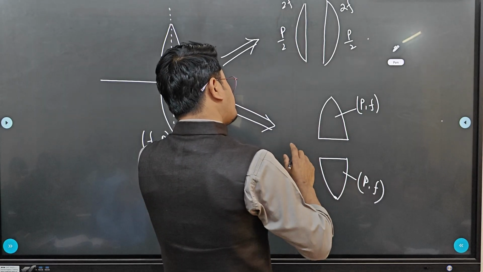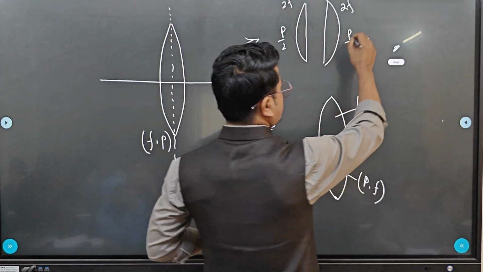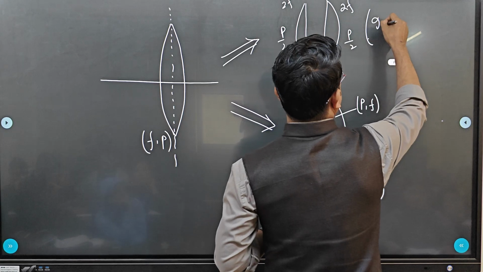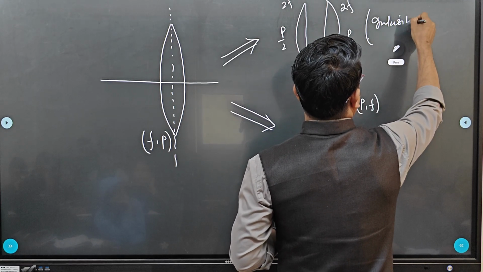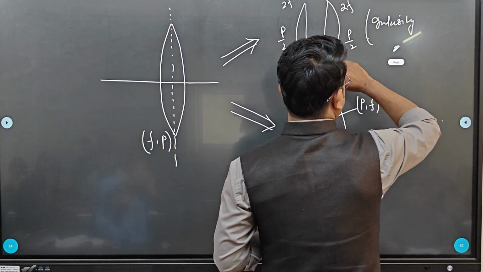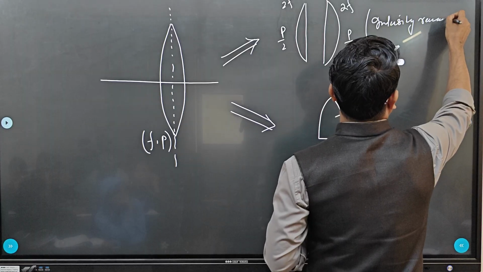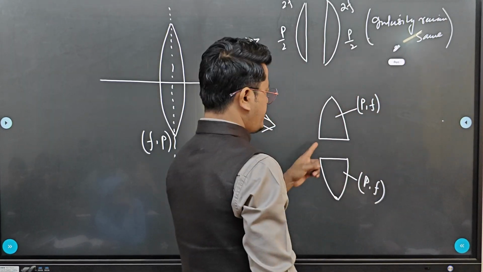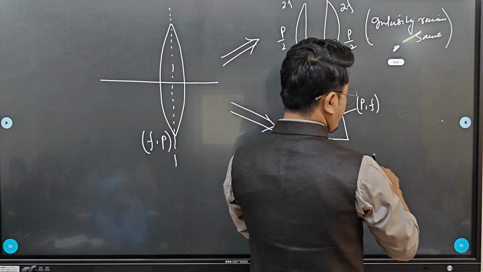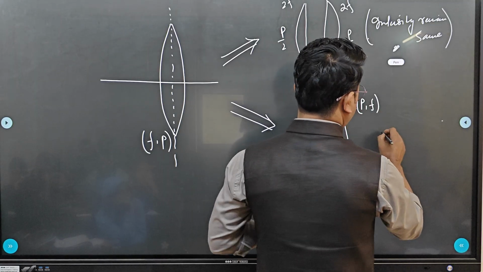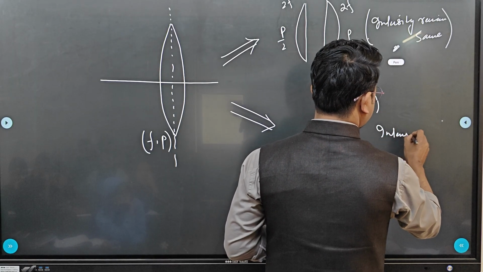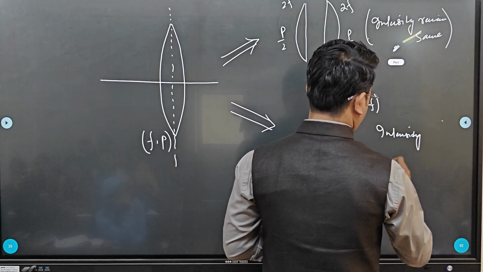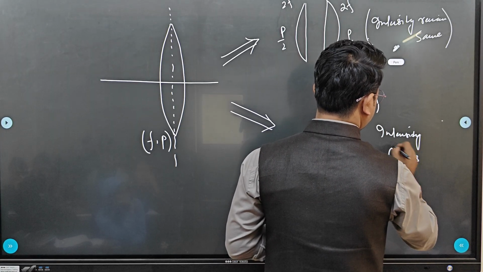But you will observe a variation in the intensity. Here you can mention intensity remains same. Here power and focal length will change, but intensity remains same. But in this case, power and focal length remain same, but intensity decreases. Or you can write intensity changes.